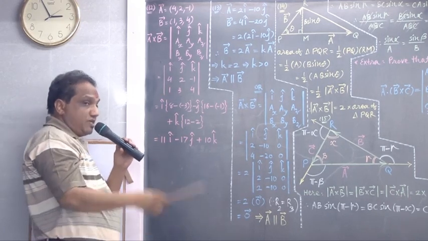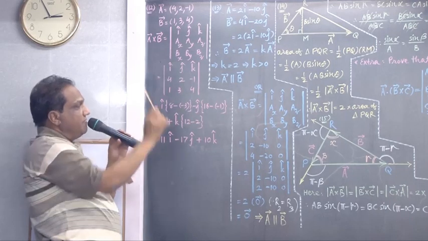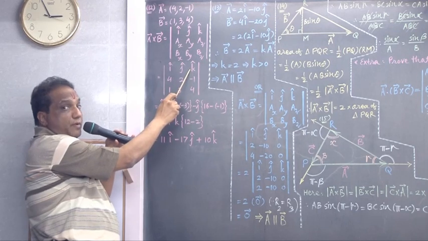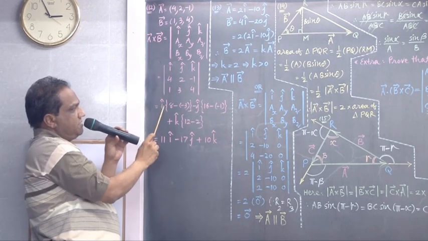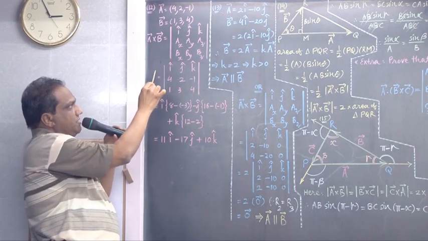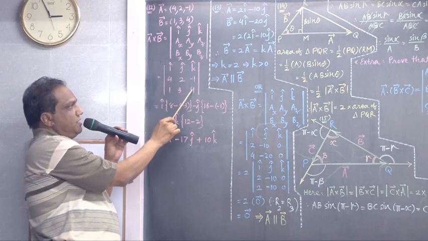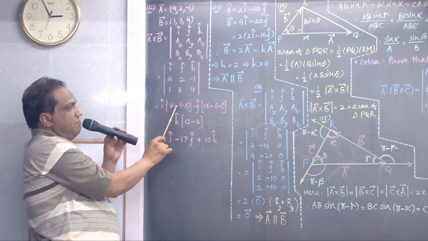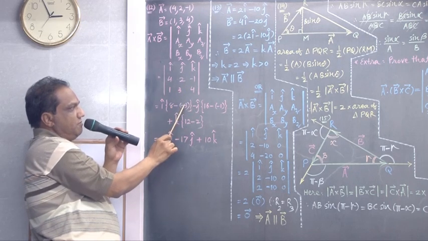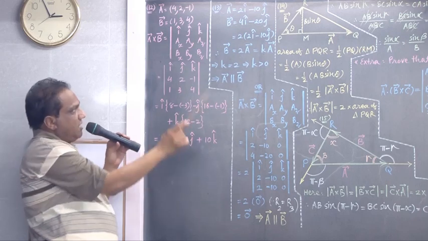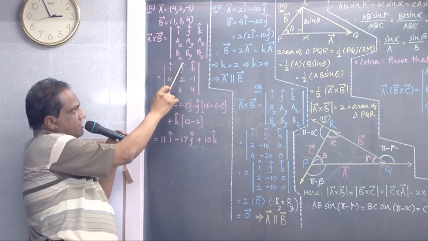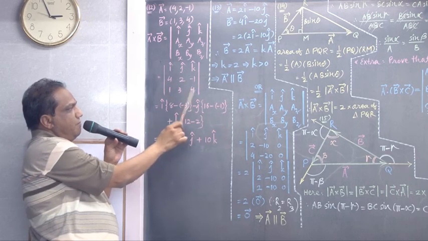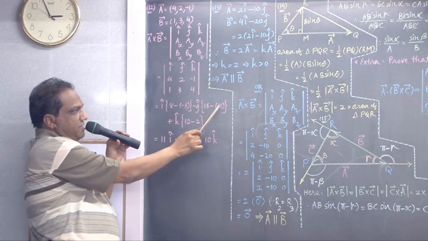Last time I told you how to expand and simplify this. Here plus, here minus and here plus. With plus, discard this column and this row, then write this into this minus this into this. 2 into 4 is 8, minus 3 into minus 1, which is minus 3. With minus j hat, discard this column and row: 4 into 4 is 16, minus 1 into minus 1, that is minus 1.